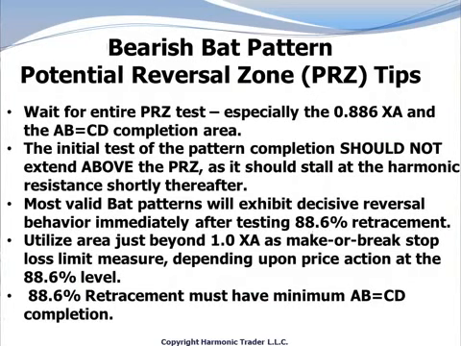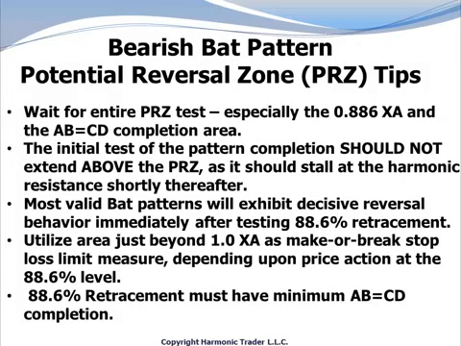Bearish bat pattern potential reversal zone tips. Again, we want to wait for the entire PRZ test, and that 0.886 XA is a mandatory level that must be tested. Also, we want to look for that ABCD completion area. Although the ABCD is a minimum, we want to see the ABCD component with the 0.886 XA leg.